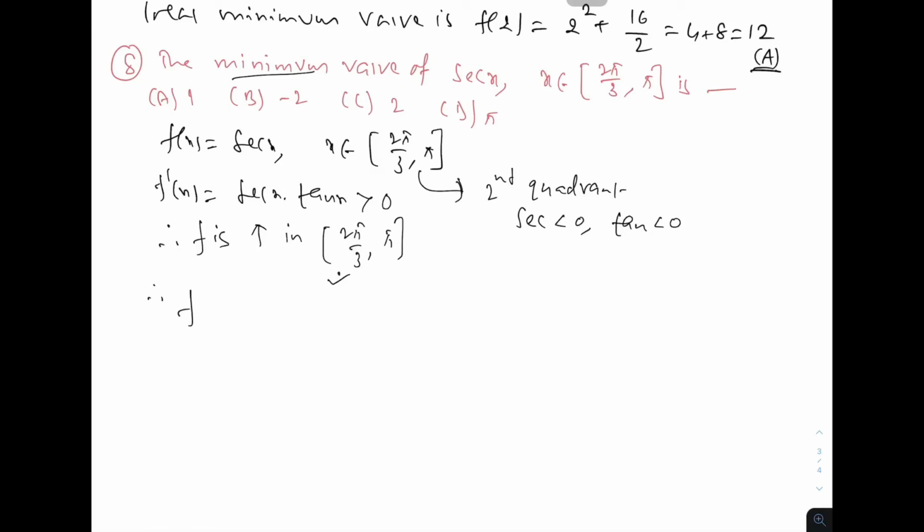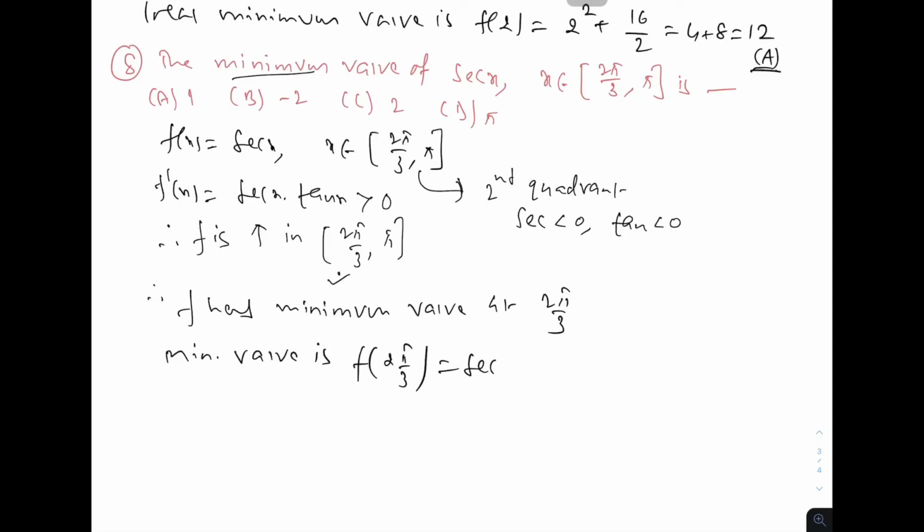So therefore, f has its minimum value at 2 pi by 3. We want the minimum value, so the minimum value is f of 2 pi by 3, that is sec 2 pi by 3.